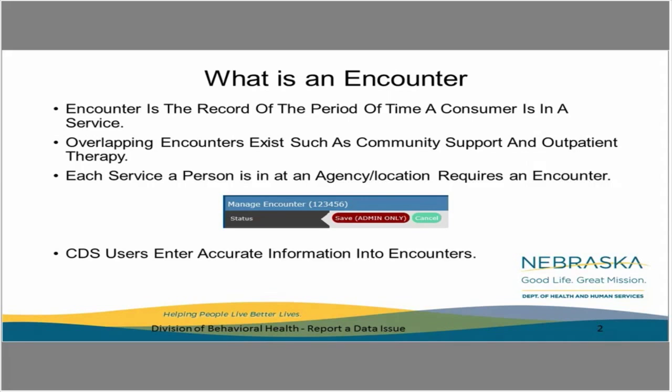Now that you know what an encounter is, CDS keeps track of encounters. That is the number on the Managed Encounter page in the upper left-hand corner. Anytime you talk to CDS, use the encounter as your reference point. CDS users enter information about clients into encounters, but from time to time errors are made. Most data elements can be changed or updated by the end user.